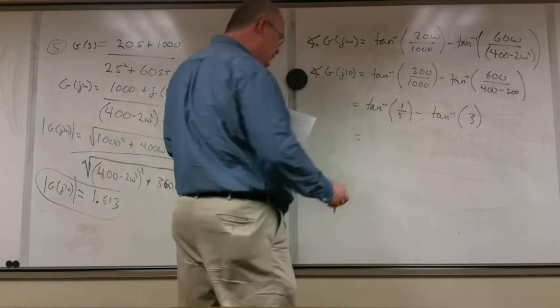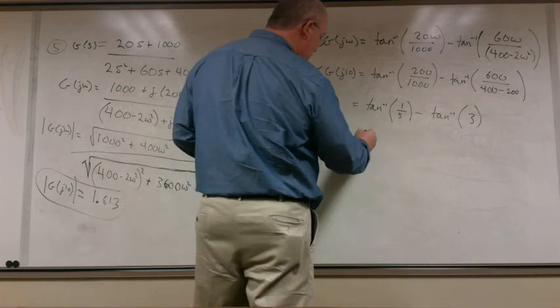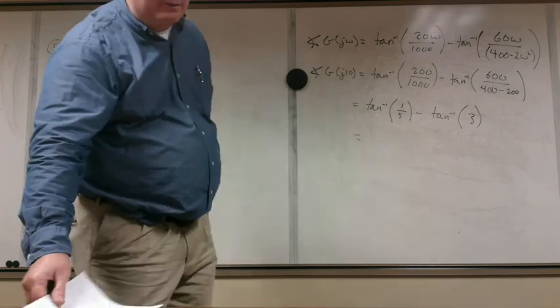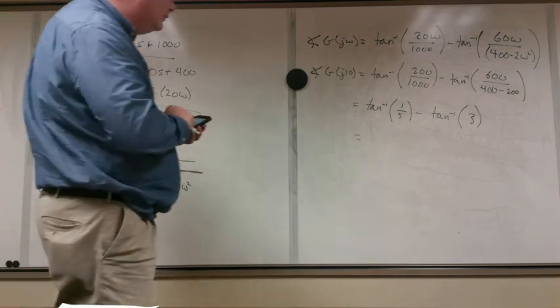And so the total phase angle is going to be, let's do the inverse tangent of 1/5. Enter 5 divided by, I guess I should have done 0.2.